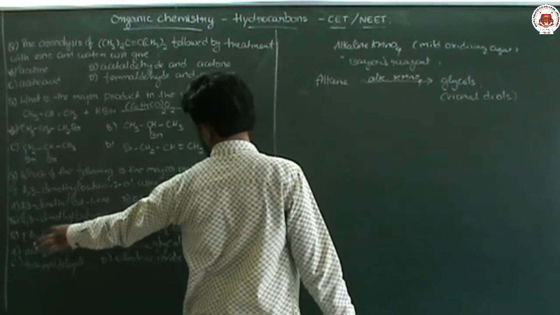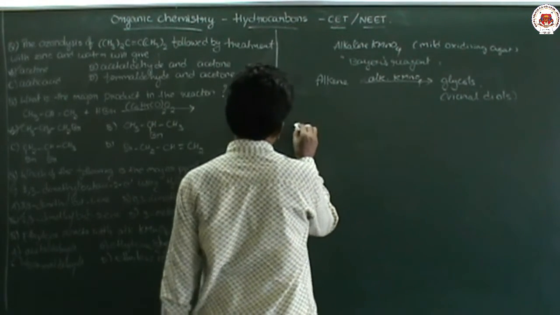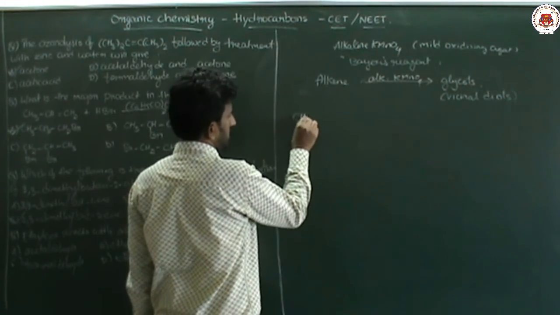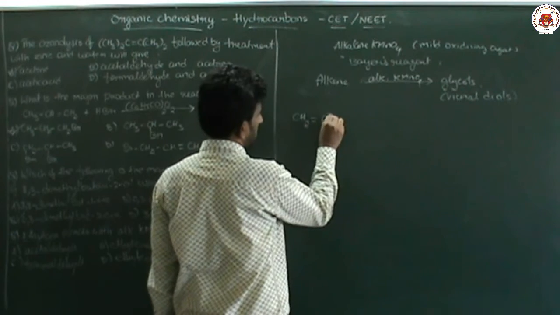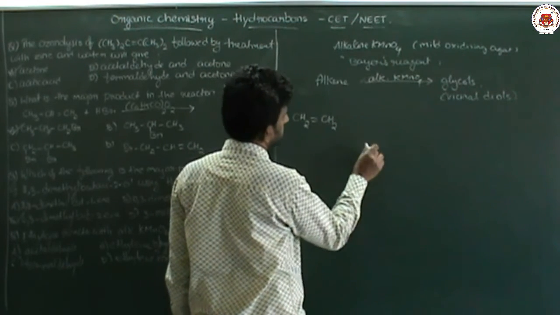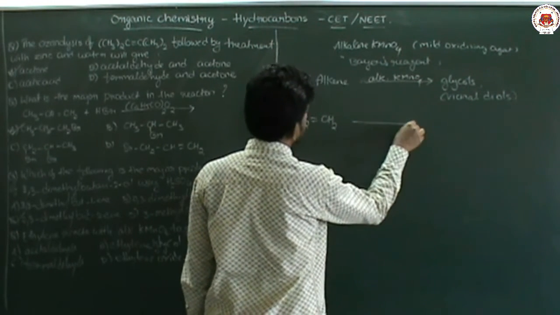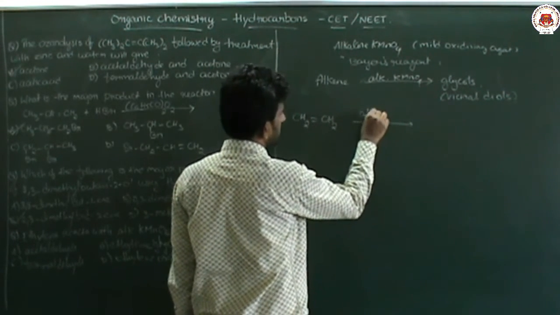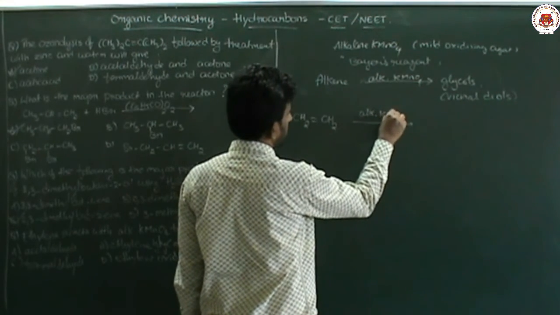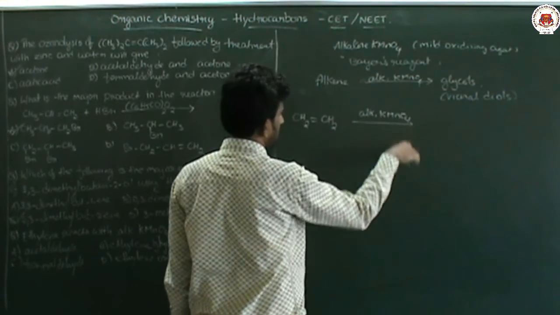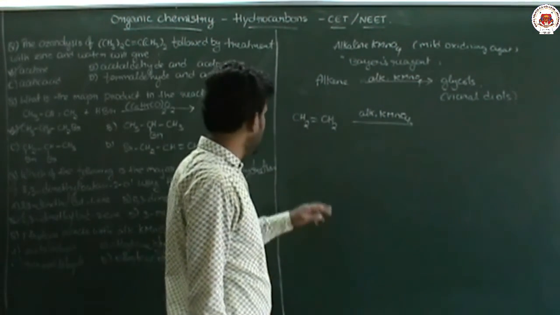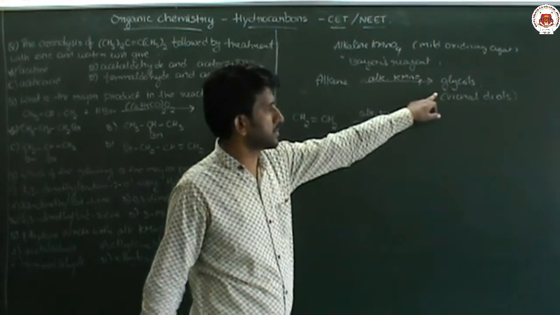Now the compound you have taken is ethylene. Ethylene means CH2 double bond CH2. This undergoes oxidation with alkaline KMnO4. Oxidation, addition of OH groups will take place.